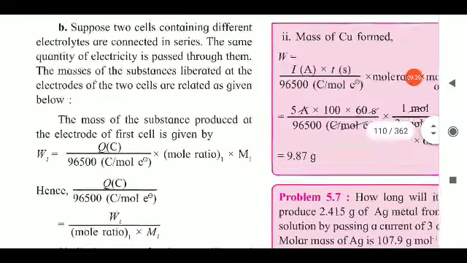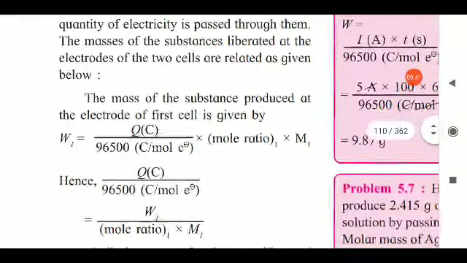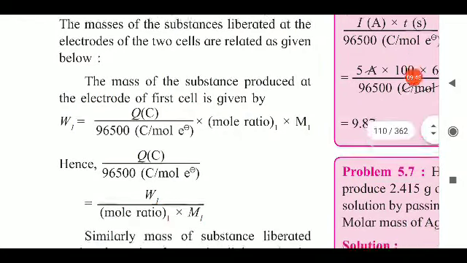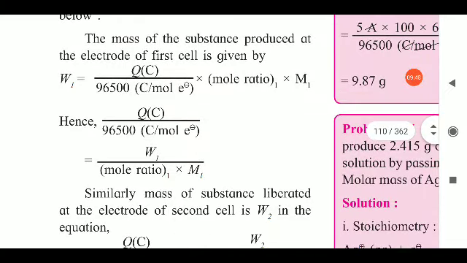The masses of the substance liberated at the electrodes of the 2 cells are related as given below. The mass of substance produced at the electrode of the first cell is given by W1 is equal to Q divided by 96500 into mole ratio into M1. So what does it indicate?